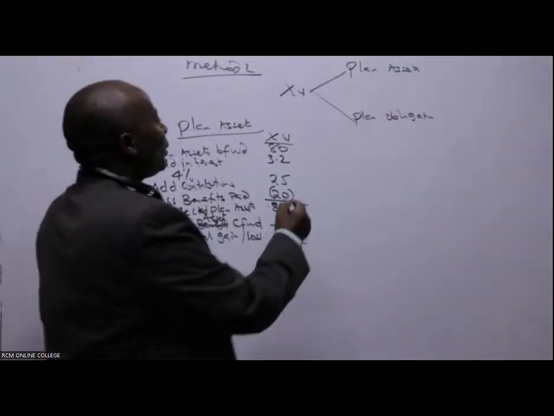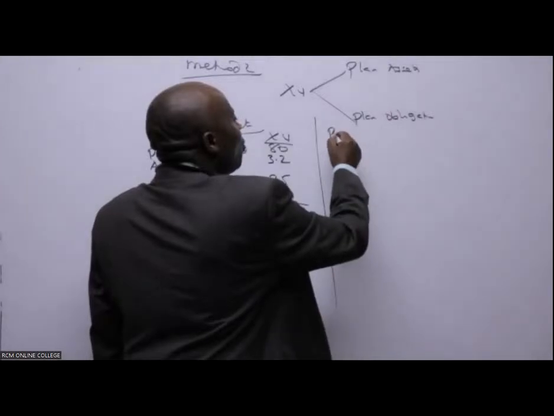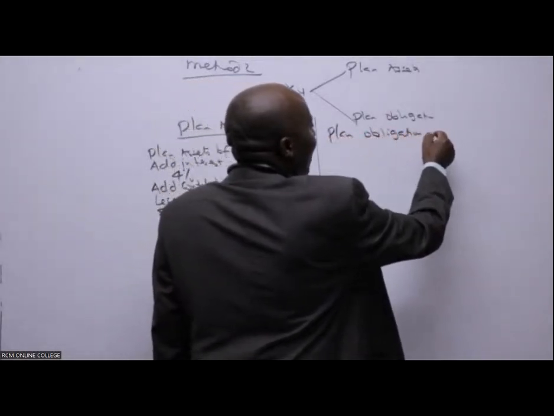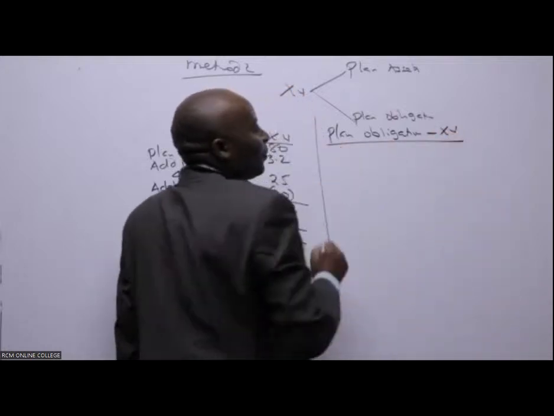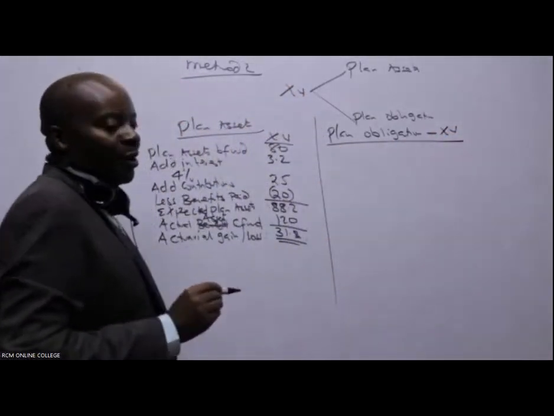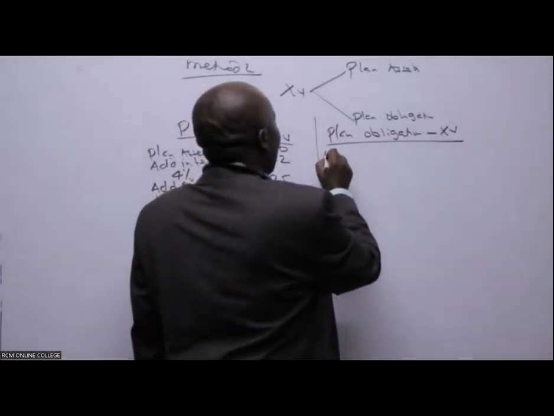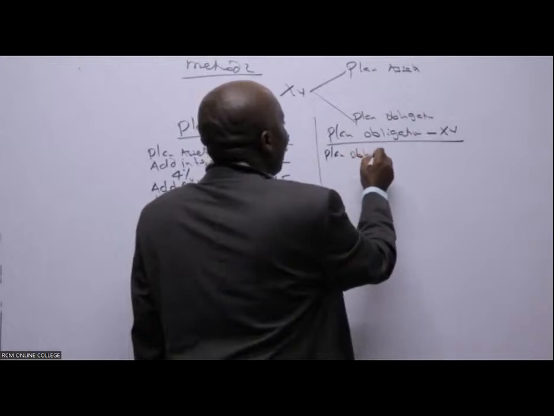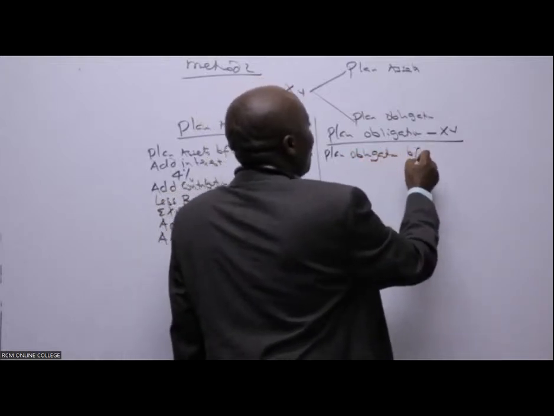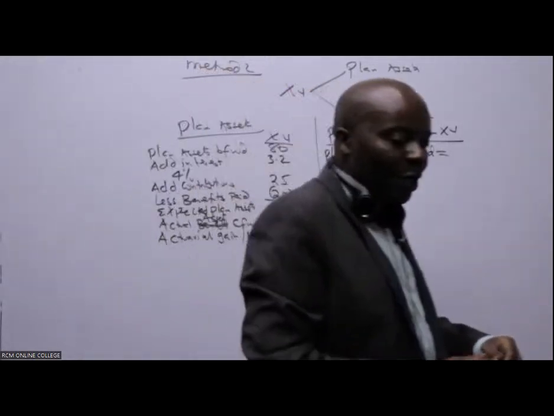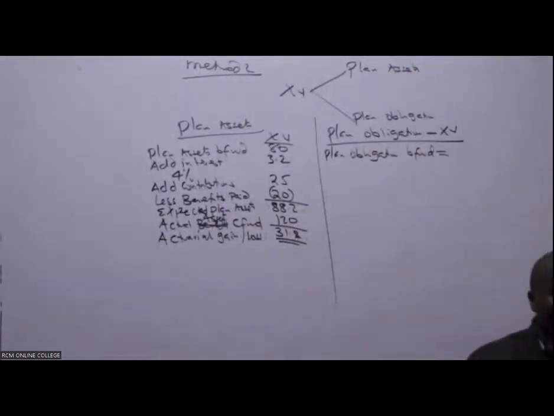So then by the side, still X4, I'll come and do what we call the plan obligation here. So the two sides of the coin. A plan obligation for X4. We shall start with the plan obligation brought forward.